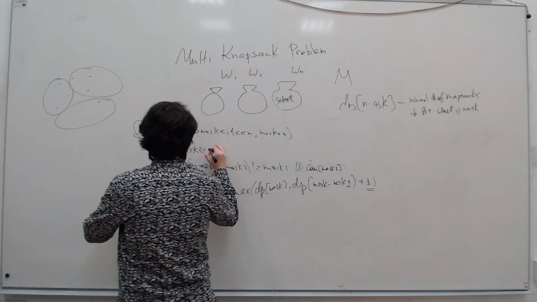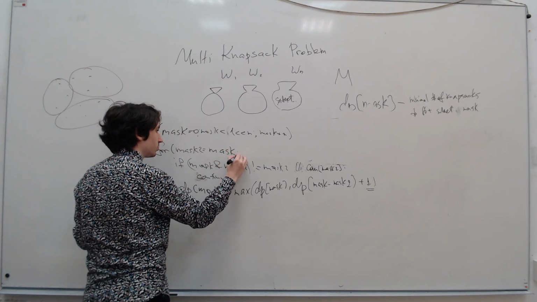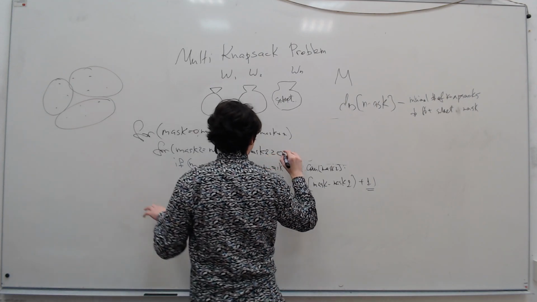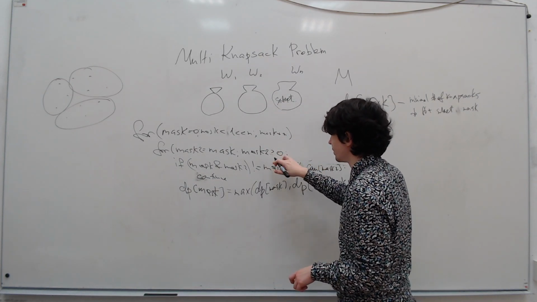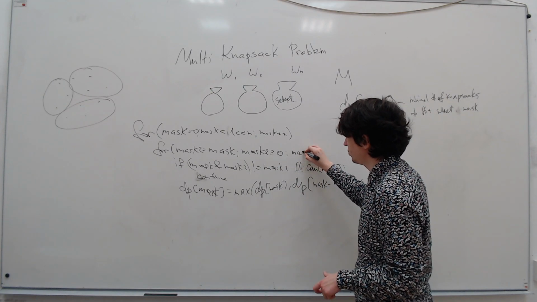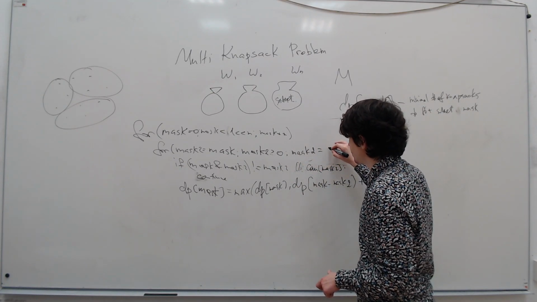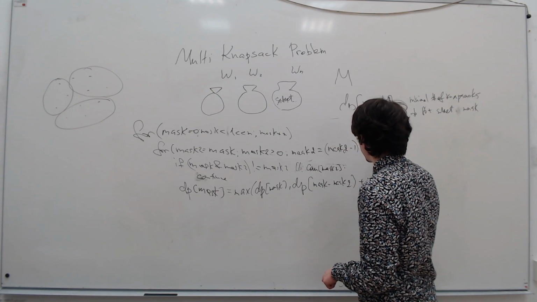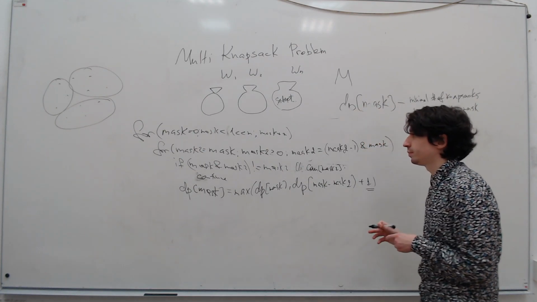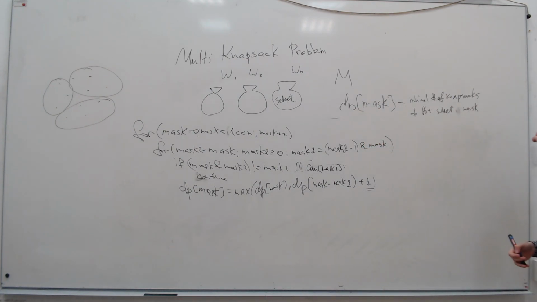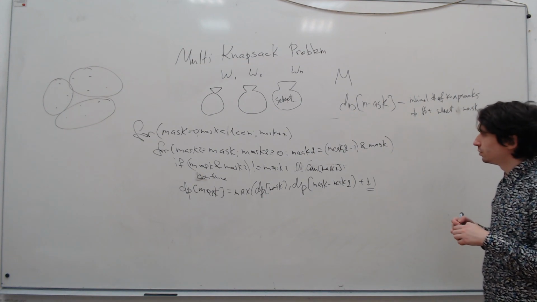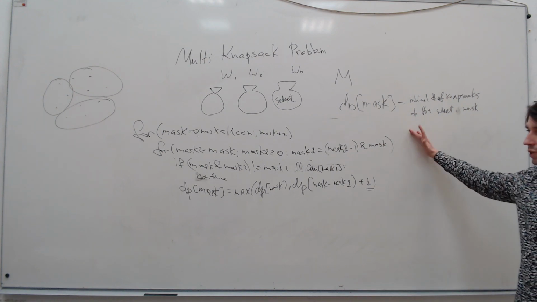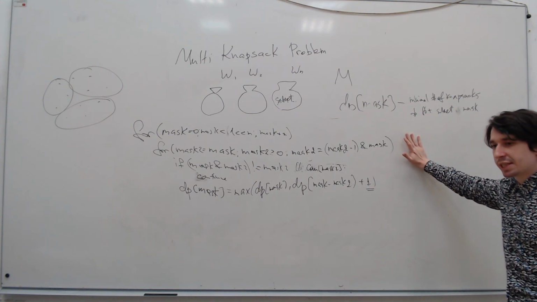We just say here: for mask2 = mask, while mask2 is bigger than 0, mask2 = (mask2 - 1) & mask. So this loop iterates only over the subsets of mask.